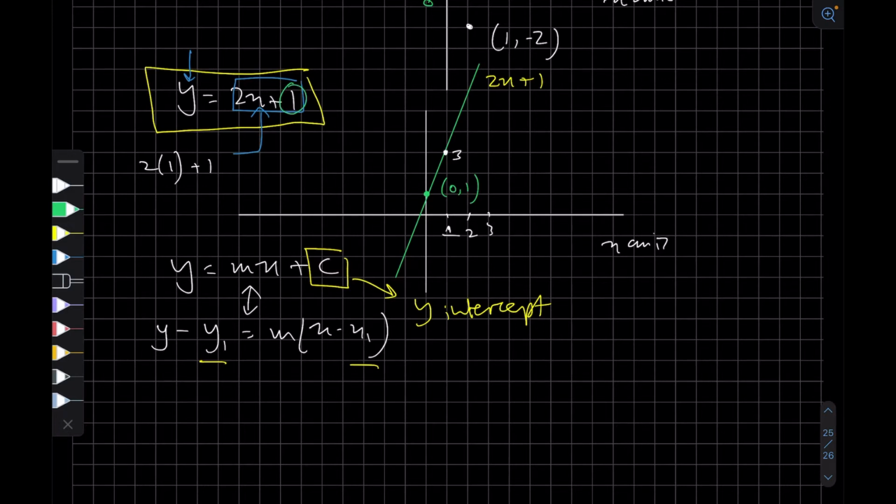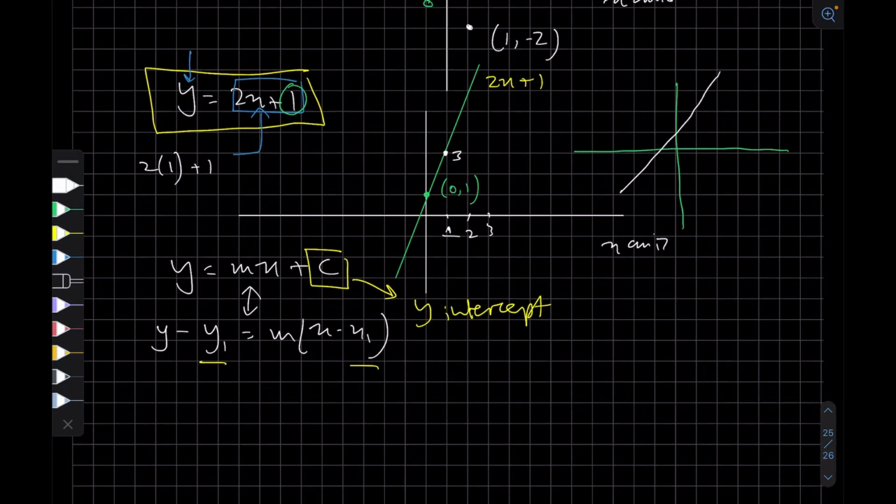And notice how, since we're talking about linear functions, i.e. we're talking about lines, every line will have some y-intercept, let's say this point over here, and some x-intercept, some point over here, right? So in y equals mx plus c, the c is the y-intercept, right?